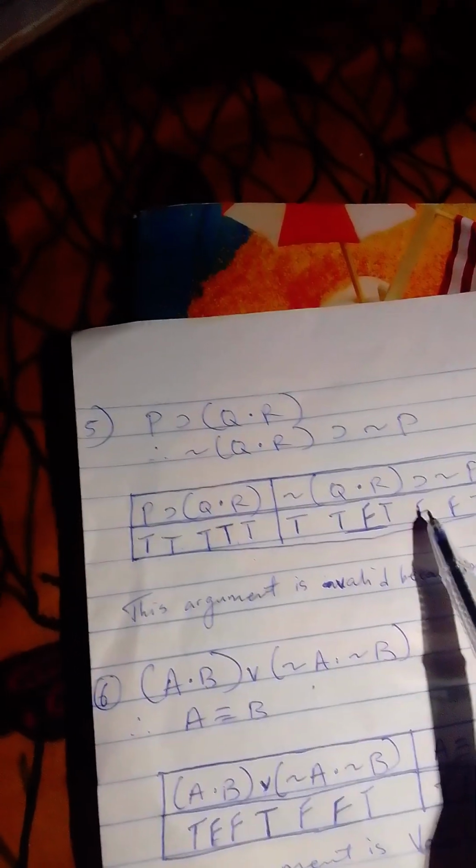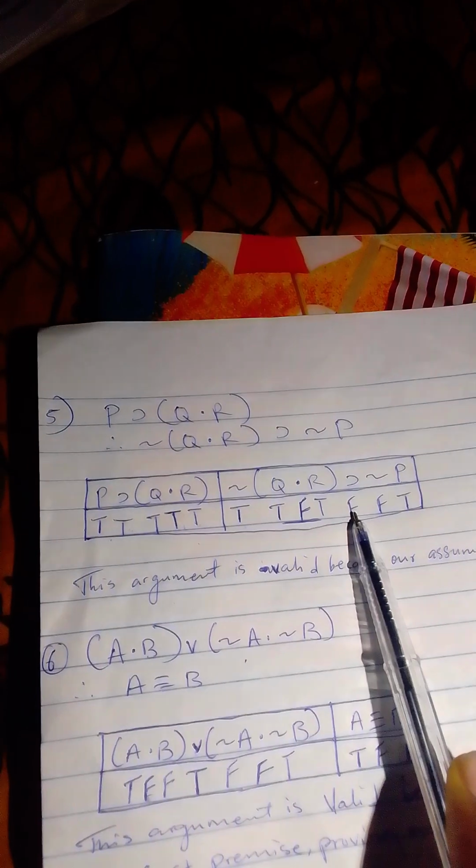Then looking at this, see our first premise and our conclusion. So we sketch it out: first premise and conclusion. We have true and we have false. So true on premises, false on conclusion, as we assumed it.